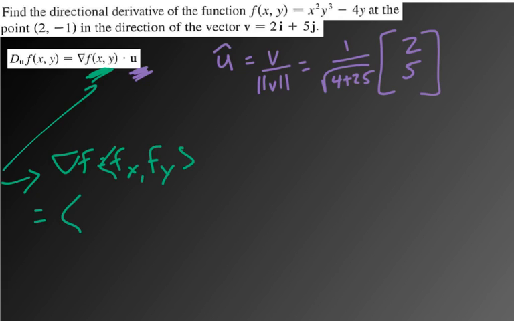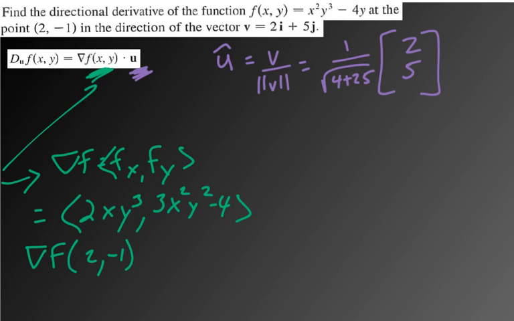So f with respect to x is 2xy cubed. f with respect to y is 3x squared y squared minus 4. And then we are told that it's at the point 2, negative 1. So if we do the gradient of f at 2, negative 1, we get negative 4, 8.